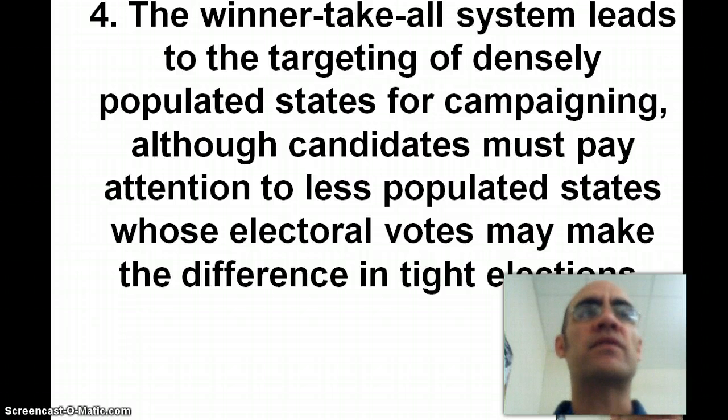Texas generally has voted for conservatives, so Barack Obama's not going to spend a lot of time in Texas. Mitt Romney's not going to spend a lot of time in California. But there are other states that have a lot of population, like Florida, Ohio, Pennsylvania, which, while they tend to lean one way, have also been known to vote the other way. So they don't ignore less populated states, but they tend to spend more of their campaigning in states where there's a large number of Electoral College votes.